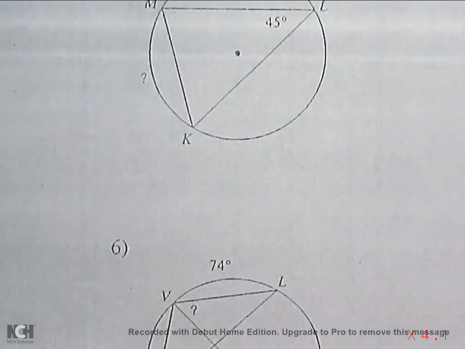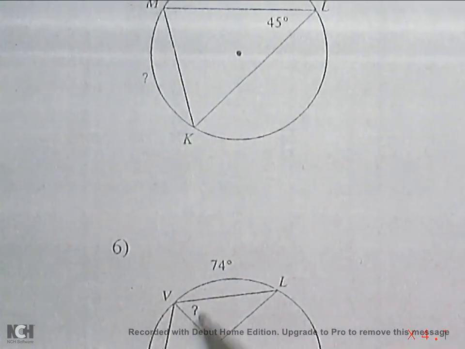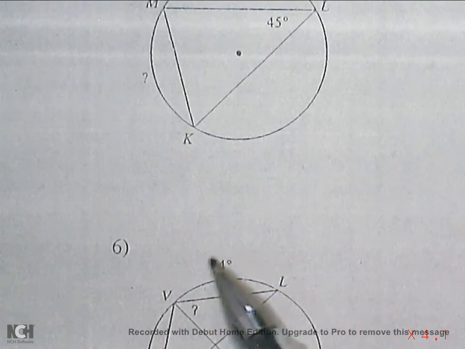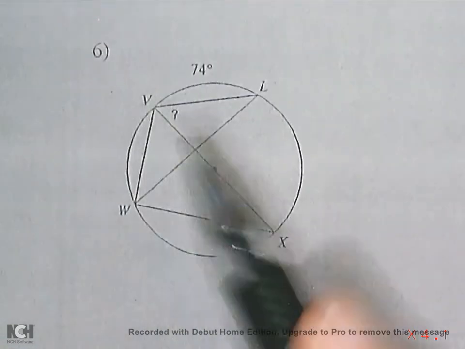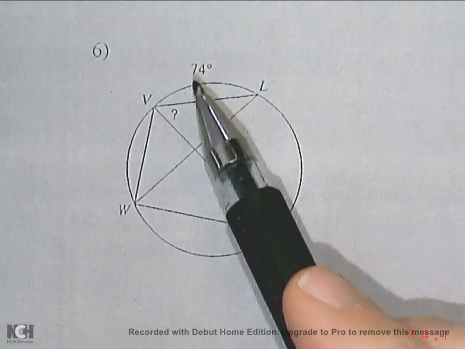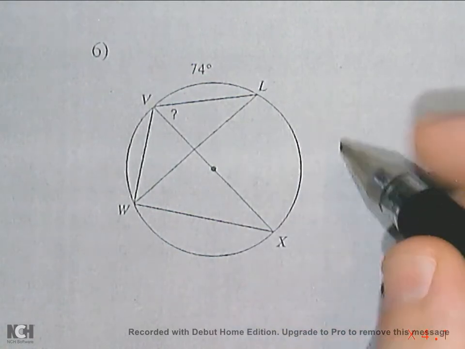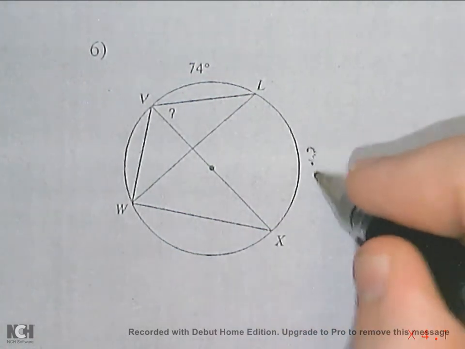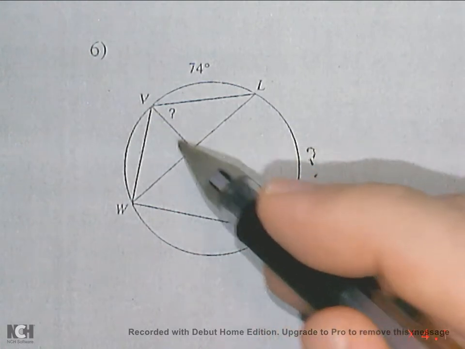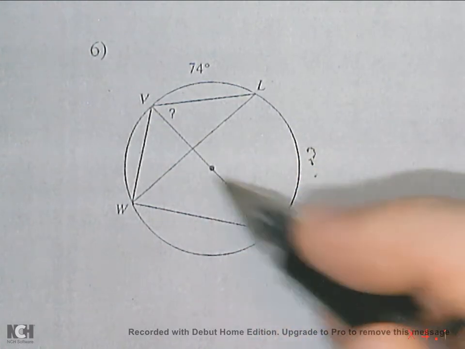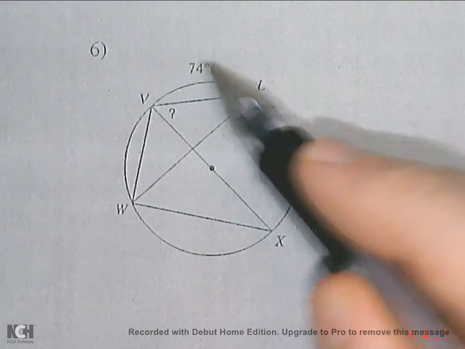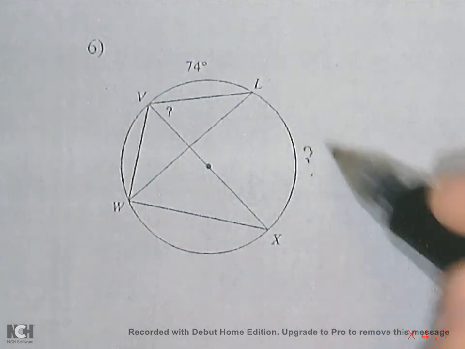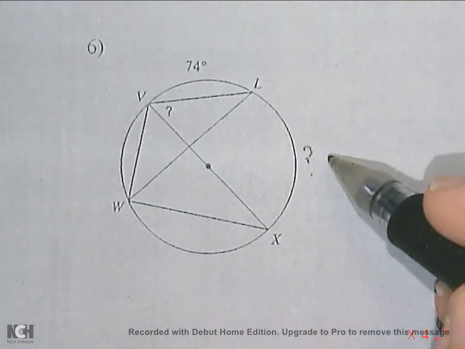Let's try this one. So this one wants me to find this angle. I know this arc is 74 degrees, and I need to figure out basically what this arc is, right? Well, fortunately for us, this is a diameter, which means if I take 74 away from 180, I should get this arc right here.